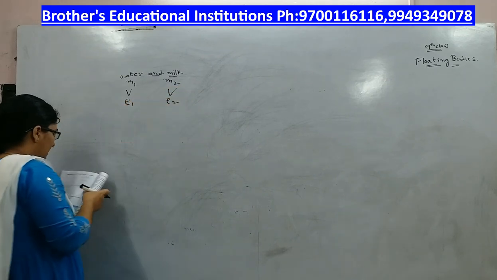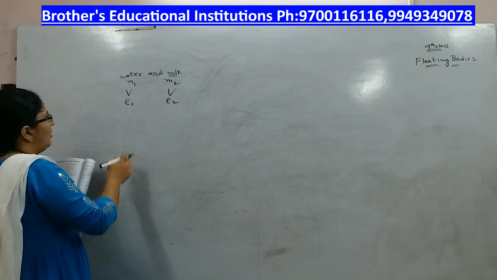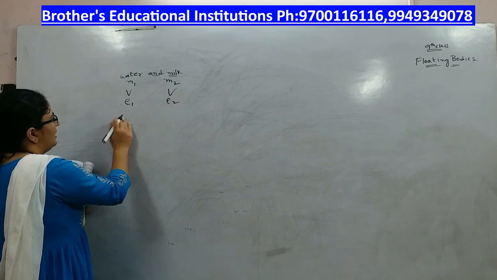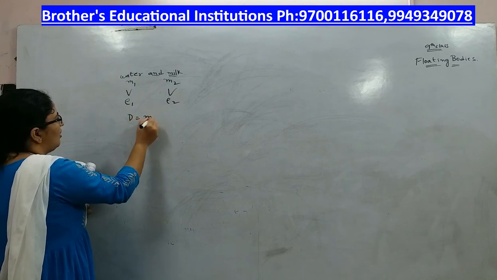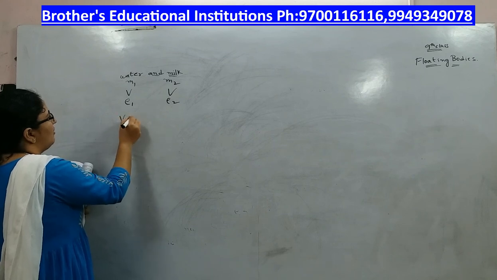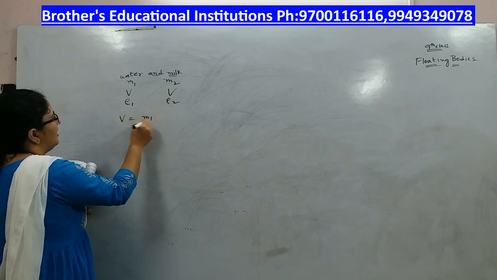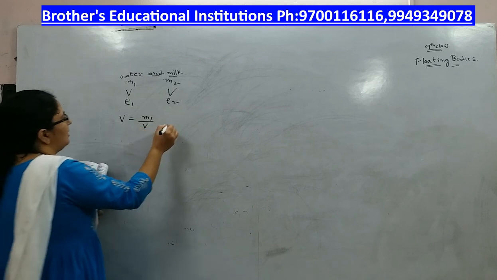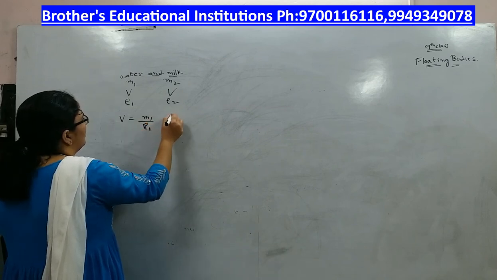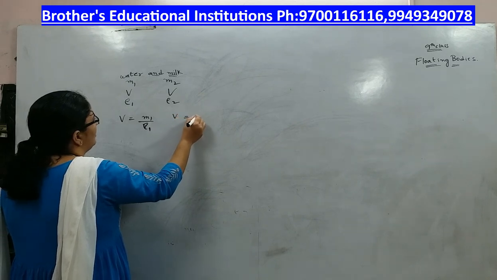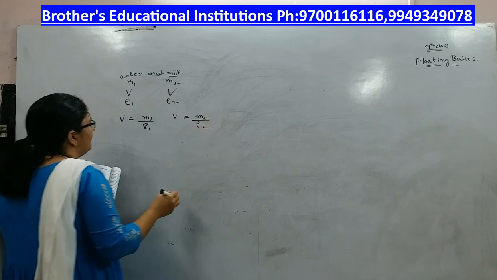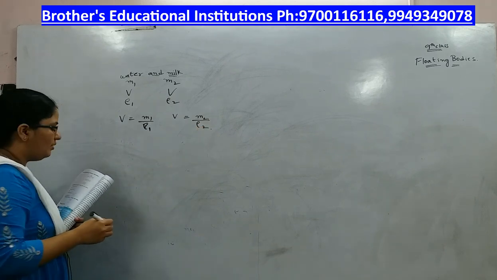Now here volume is equal, density is equal to mass by volume, volume will be mass by density. So volume of water is m1 by rho 1, volume v is equal to m2 by rho 2, mass by density will give you the volume.